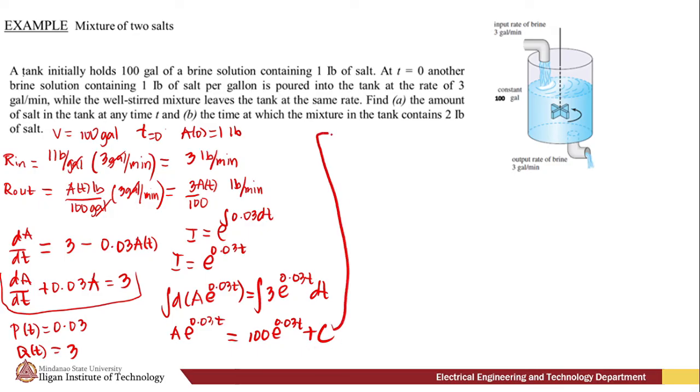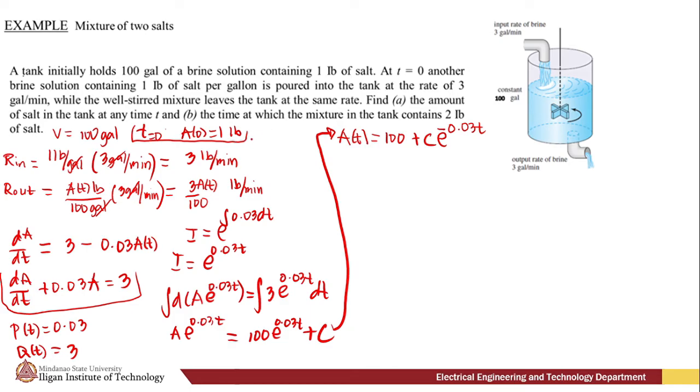So this becomes A of t equals 100 plus C times e raised to negative 0.03 t.